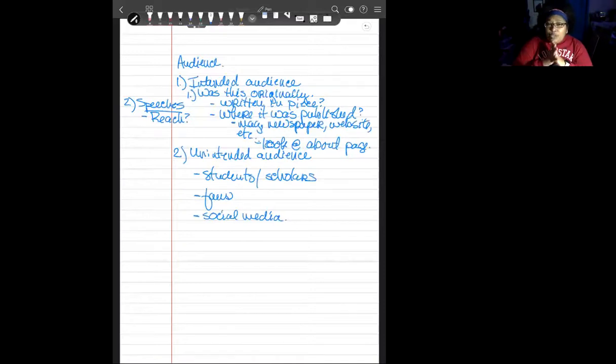You want to look at where it was published, and who the audience for that is. Especially if it's a speech or sometimes a letter, it'll be republished or published in a magazine, and it'll have a larger reach, and it was for that intended audience as well. They're part of the conversation, and the writer is bringing them into the conversation.